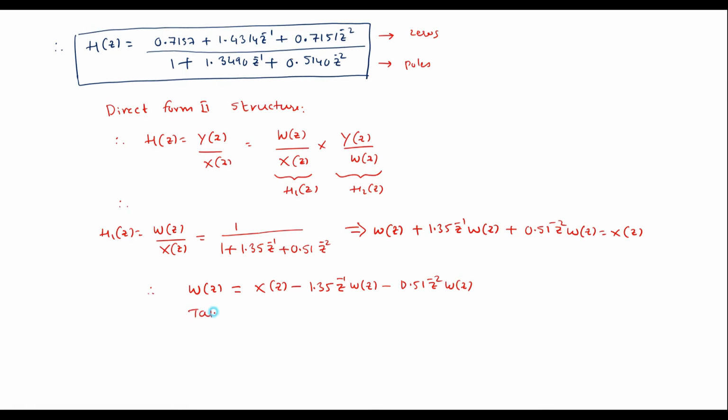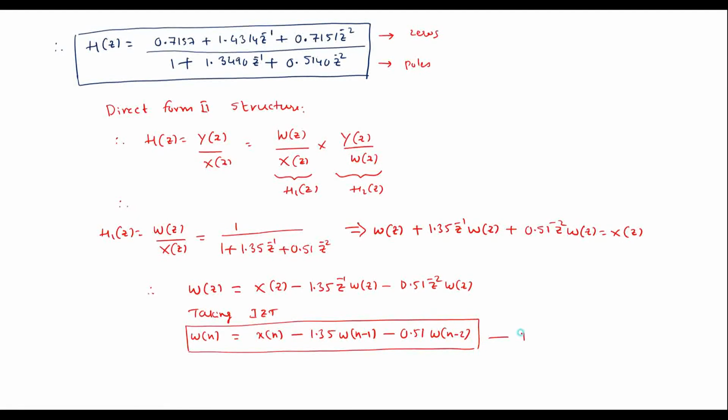Now taking the inverse Z transform, you can represent it as w(n) is equal to x(n) minus 1.35 w(n minus 1) minus 0.51 w(n minus 2). So we'll call it equation number 1.